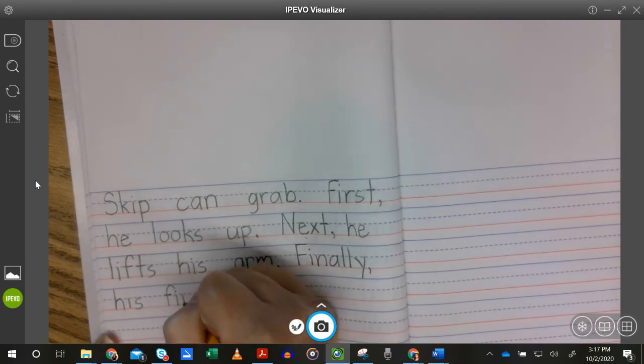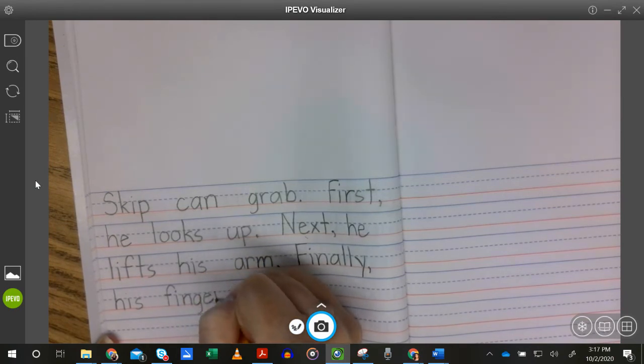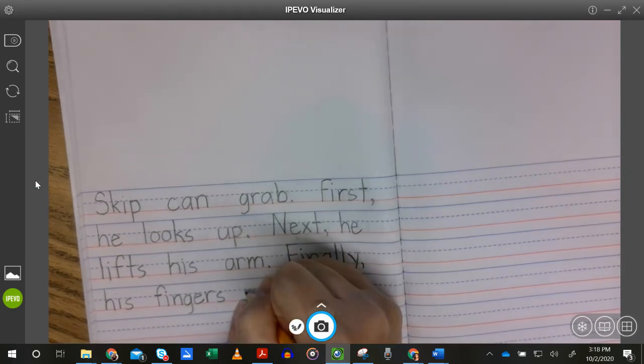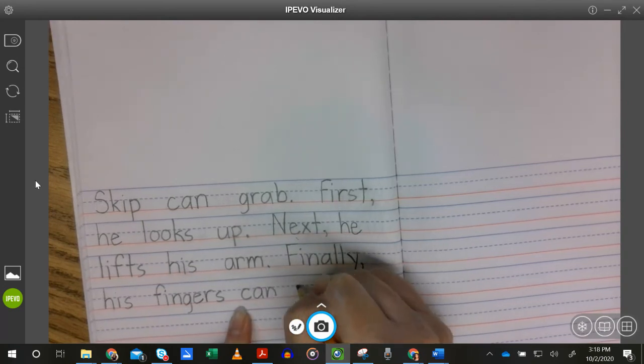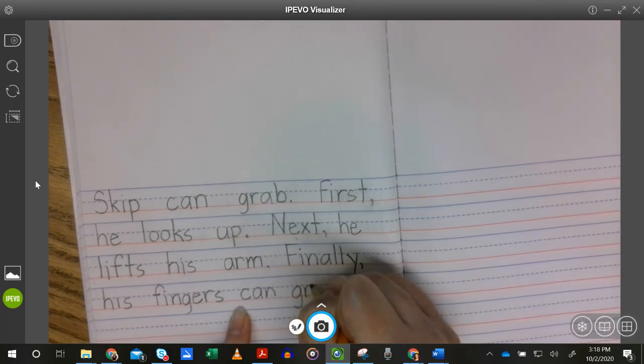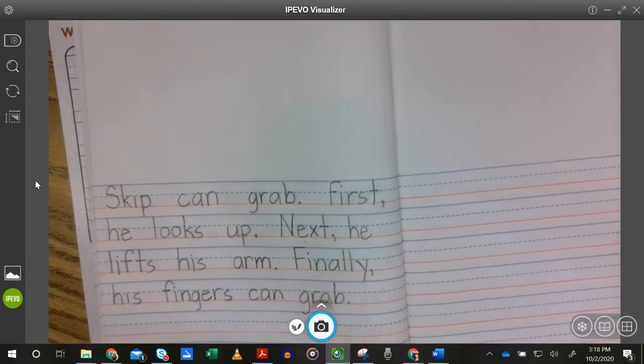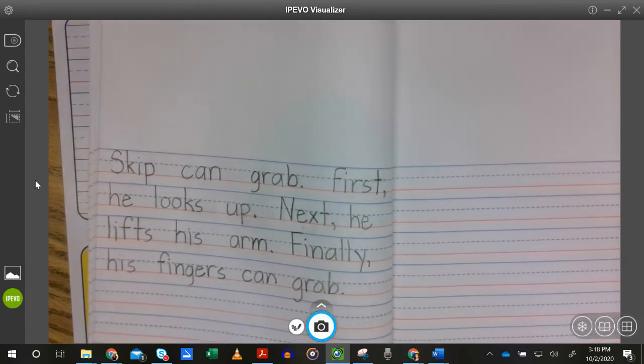F, I, N, G, E, R, S, can, G, R, A, B. His fingers can grab.